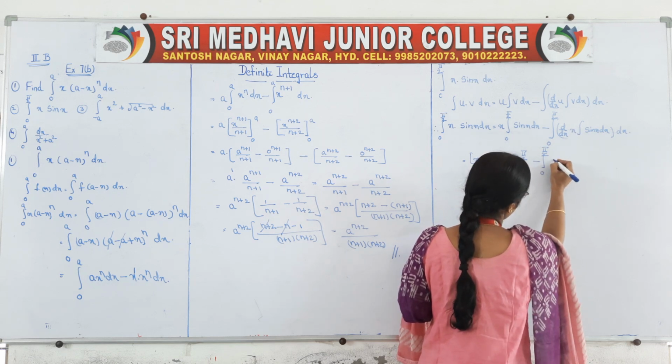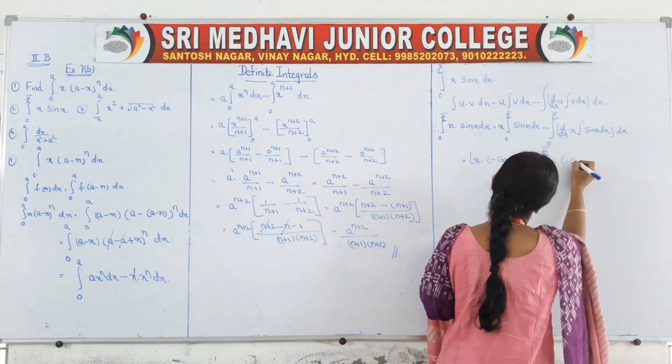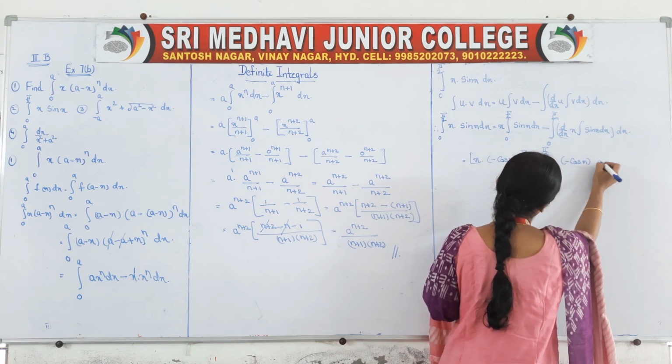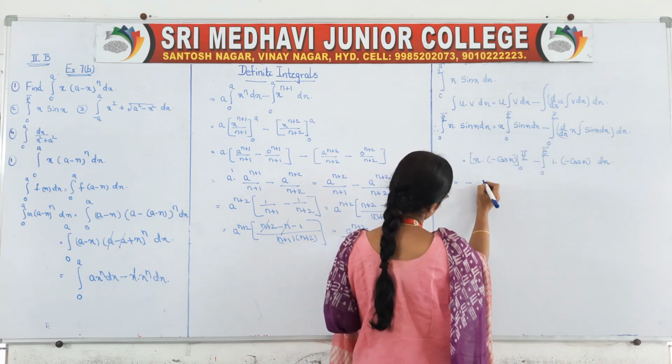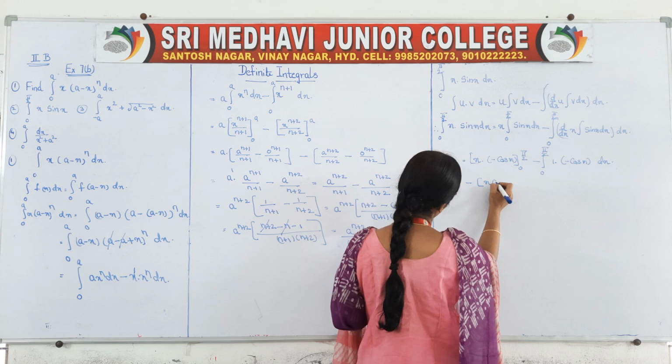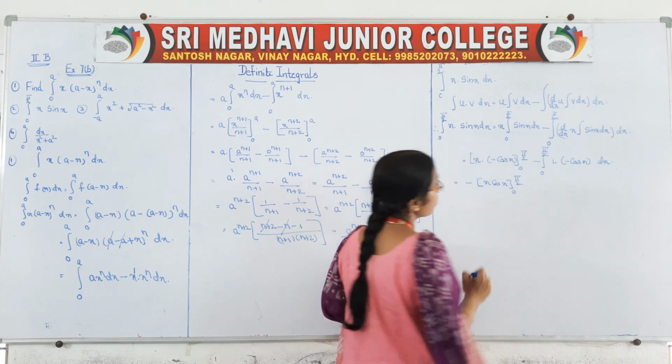d by dx of x is 1. The integral of sin x is minus cos x into dx. So it is equal to minus x cos x, from 0 to pi by 2.